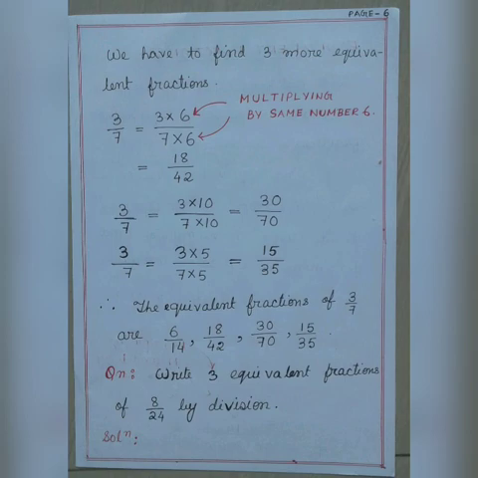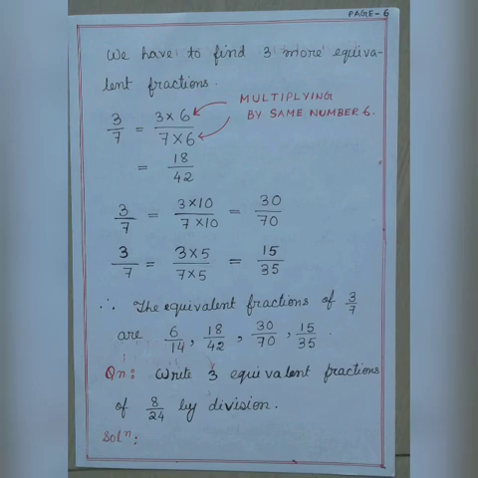So the 4 equivalent fractions of 3 by 7 are 6 by 14, 18 by 42, 30 by 70, 15 by 35. You can take any number to multiply numerator and denominator to get equivalent fraction. It can be 1000, it can be 999.